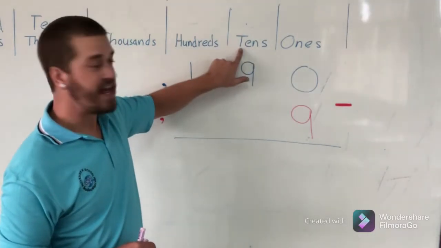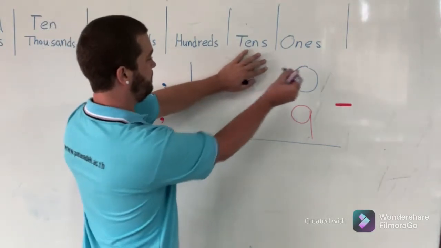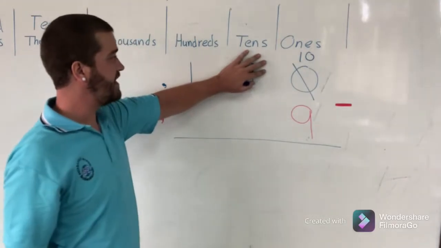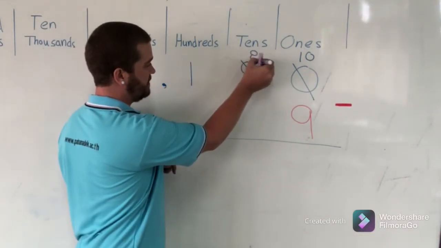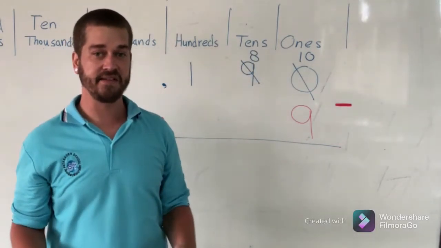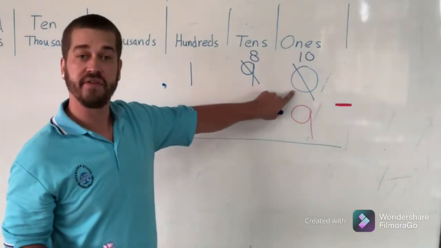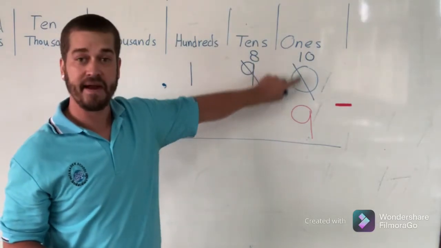So if we have 110, how many ones is that? Yeah, it's 10 ones. So we took one of these 10s, which makes this an 8, and we gave one of those 10s, which is 10 ones, over to the ones column. Okay? So now it's 10 minus 9.